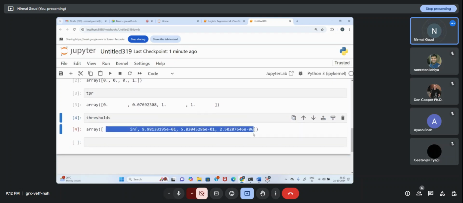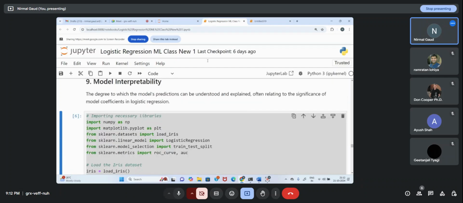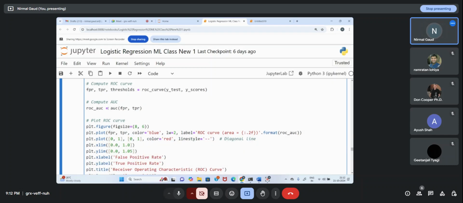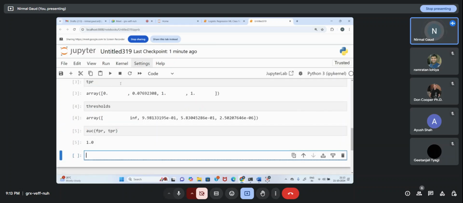And then we do have AUC also. So AUC I can compute by taking FPR and the TPR. So let me put it here in this code. That is 1. So area under the curve is 100%. All the points are captured. There is nothing remaining.